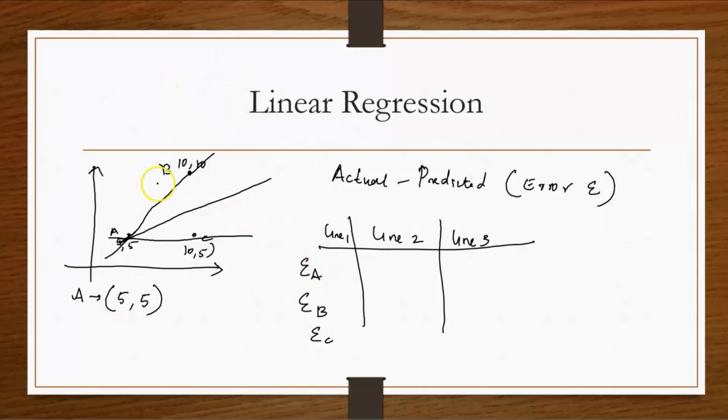We can call this line 1, this line 2 and this line 3. Suppose line 1 is our line of best fit. The actual value of A, the y value, we call the actual value y and the predicted value y hat.